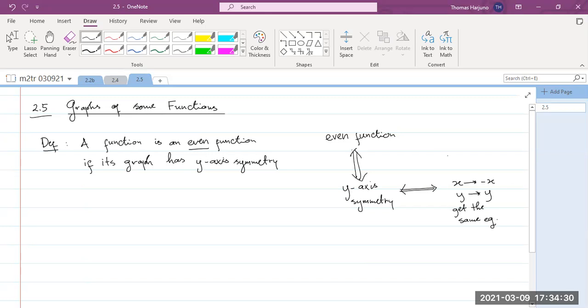In other words, if we replace x by negative x, we will get the same function.